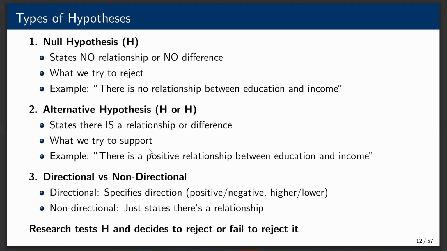The alternate hypothesis states that there is a relationship or difference, and it is what we try to support. For example, there is a positive relationship between education and income. We started with no relationship between education and income, but in the alternate hypothesis we say there is a positive relationship.